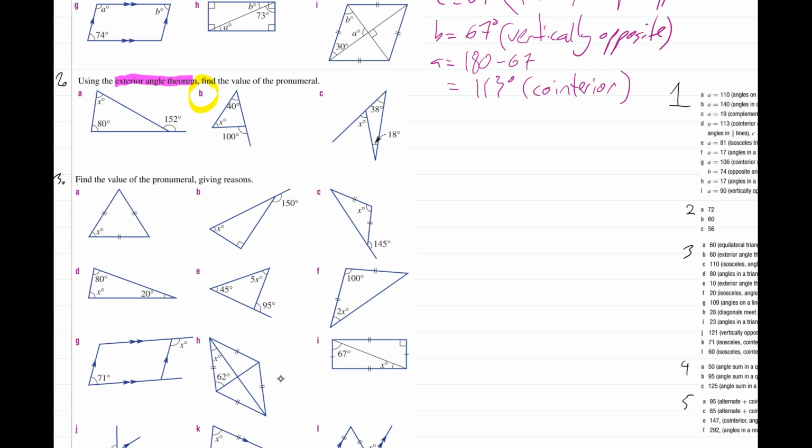The exterior angle theorem basically says that the angle on the outside is equal to the sum of the two on the inside, on the opposite side. So I've got 100 degrees on the outside. That's going to be the same as x and 40 degrees added up, because they're on the other side of the triangle on the inside.